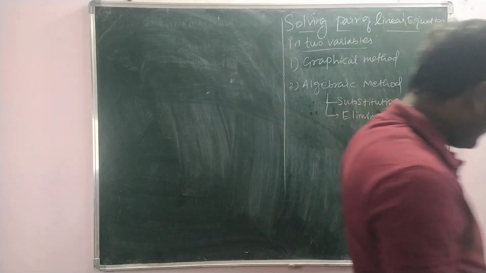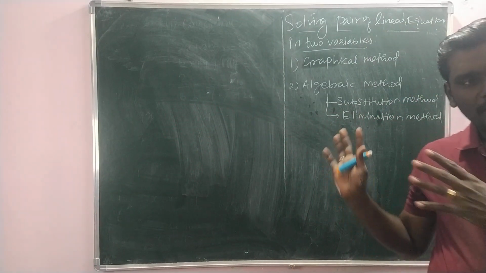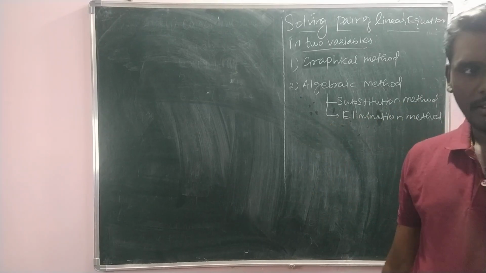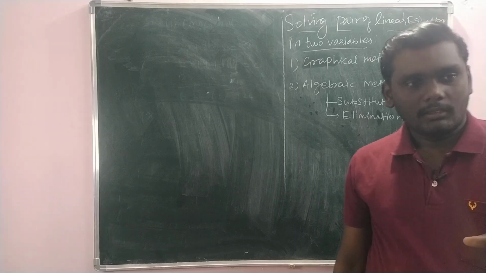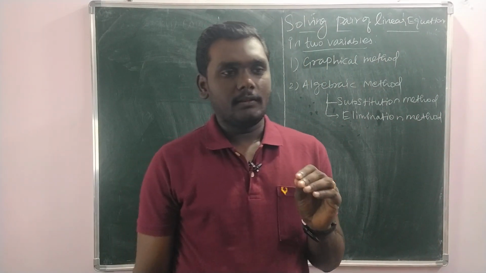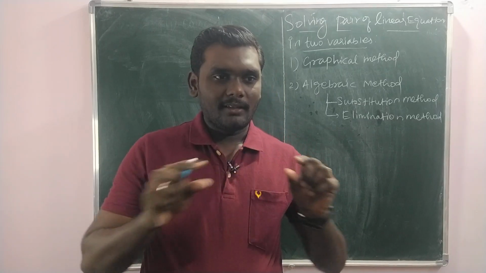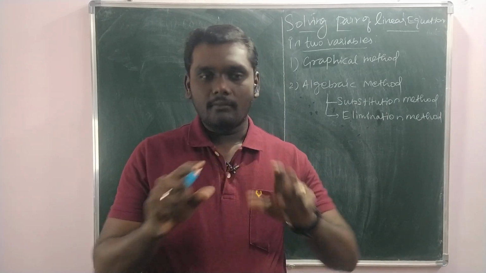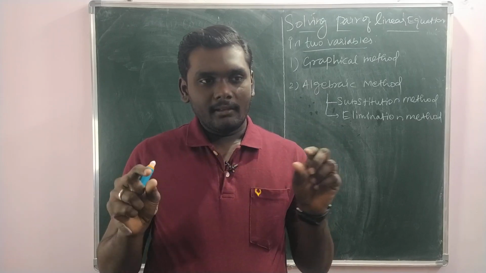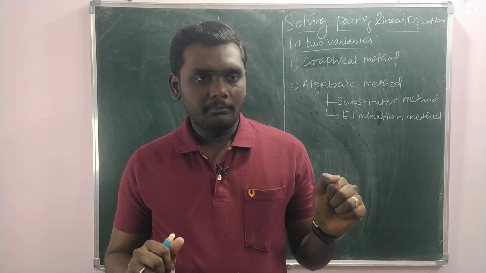Now here we will see how to solve a pair of linear equations using the graphical method. The graphical method involves a few simple steps. First you have to represent each equation as a straight line in a graph. To represent a line, how many points do we need minimum?